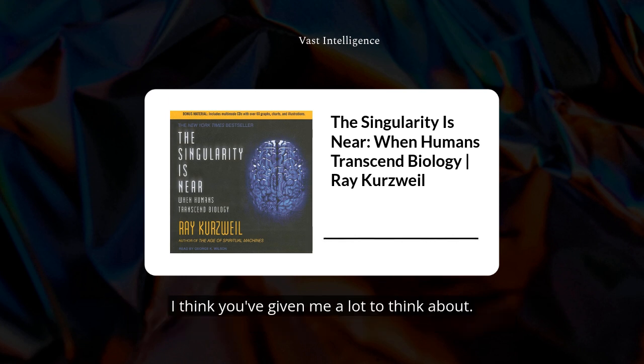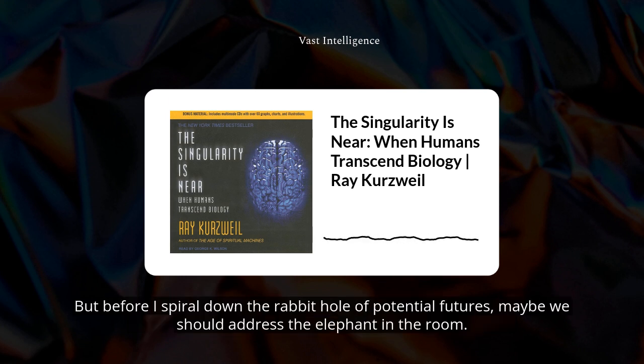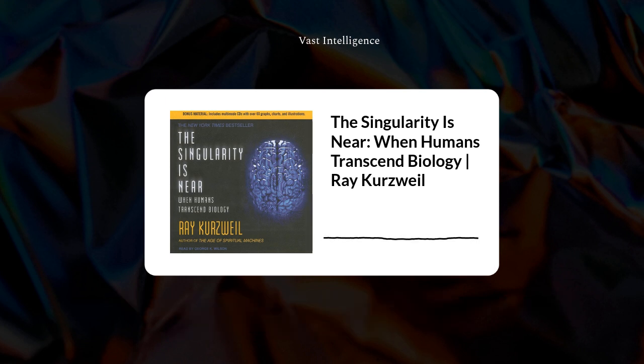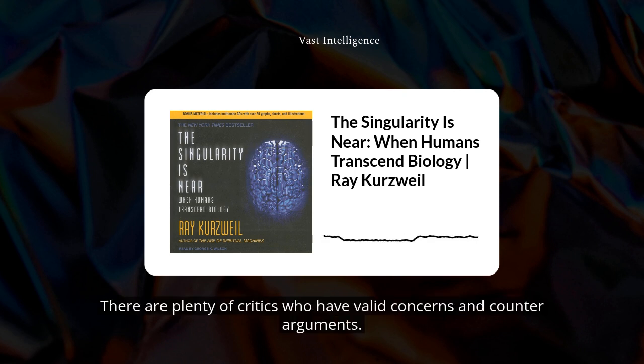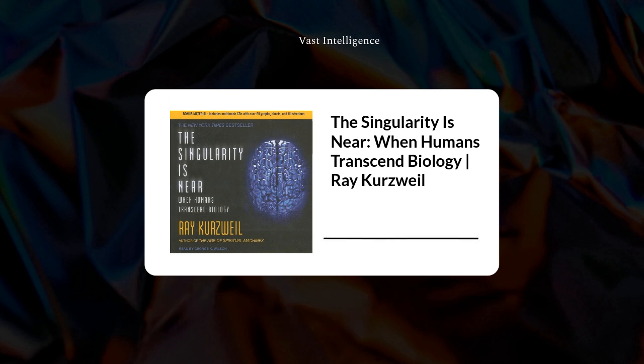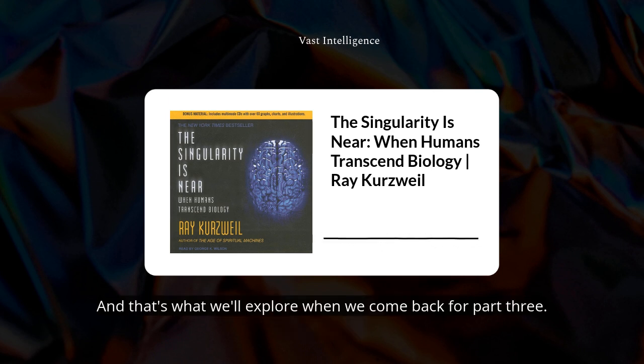I think you've given me a lot to think about. Good. But before I spiral down the rabbit hole of potential futures, maybe we should address the elephant in the room. Not everyone buys into Kurzweil's optimistic vision, right? Of course not. There are plenty of critics who have valid concerns and counter-arguments. And that's what we'll explore when we come back for part 3.